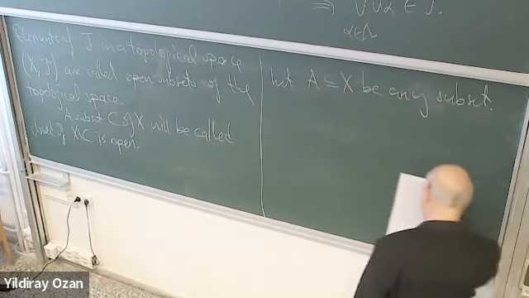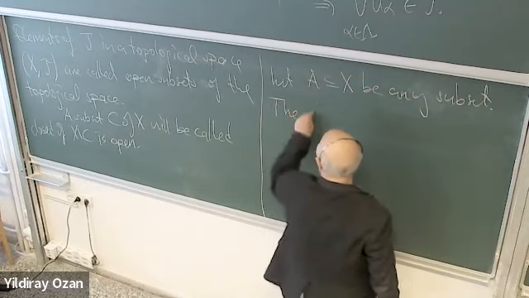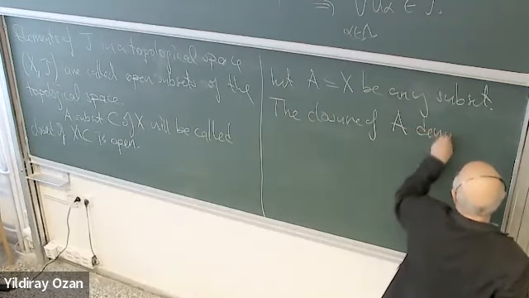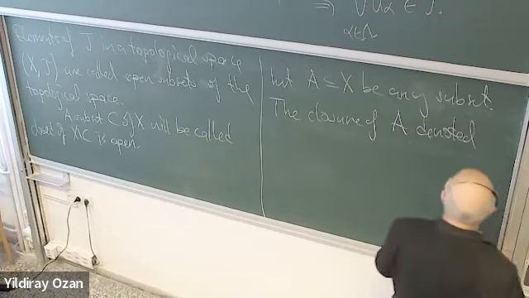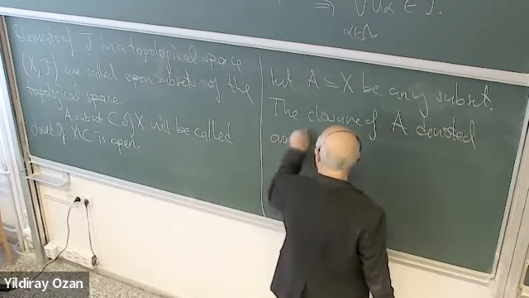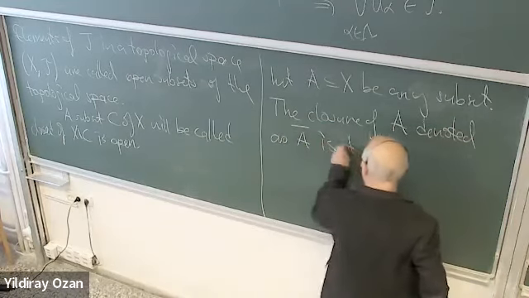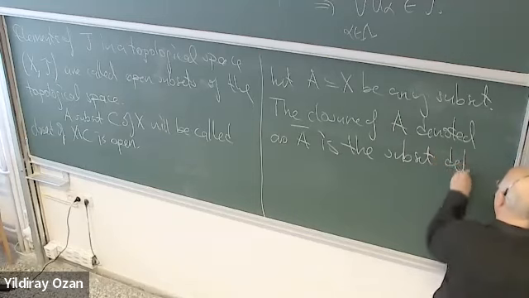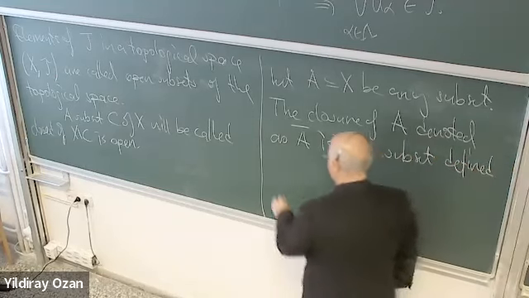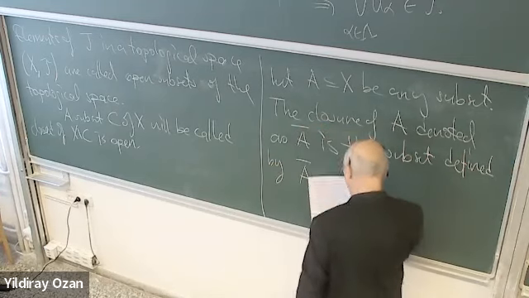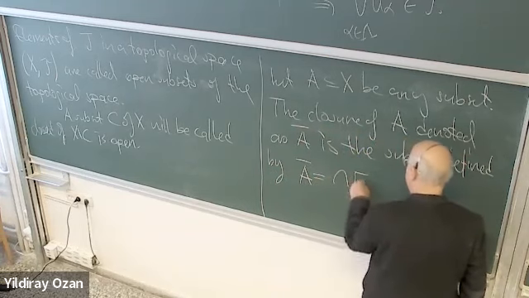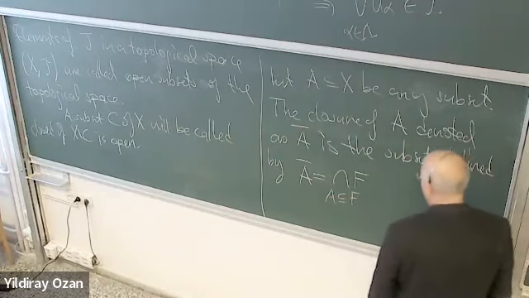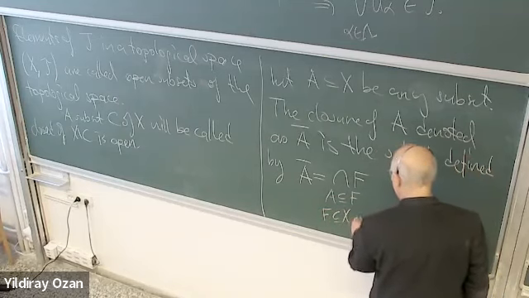The closure of A, denoted as A bar, is the subset defined by the intersection of all sets F such that F contains A, and F is closed.